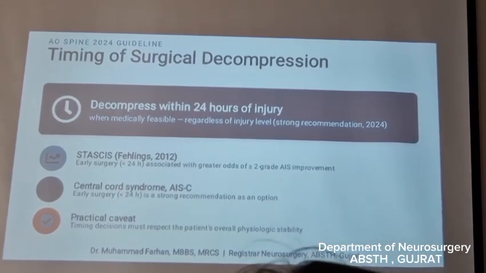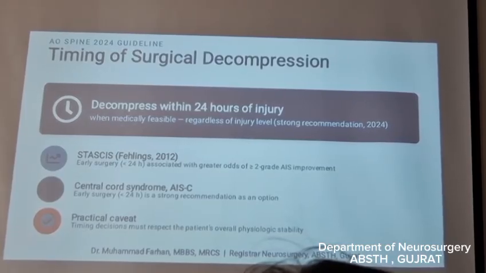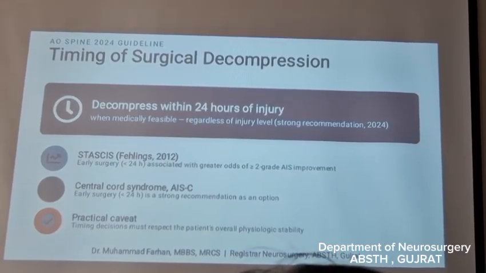If the neurological deterioration is progressing, then decompression should be achieved within the first 24 hours, because it is associated with greater odds of improvement in neurology. And in central cord syndrome, decompression within 24 hours can give us a good prognosis.